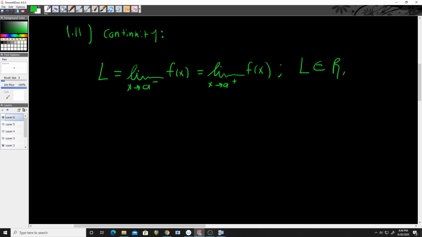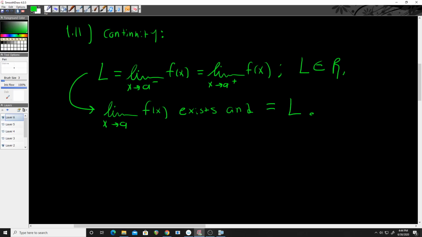And if this happens, then we say the limit as x approaches a of f of x exists and equals L, whatever that number is.